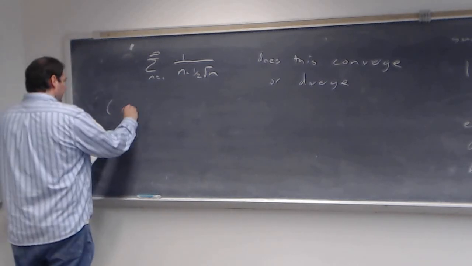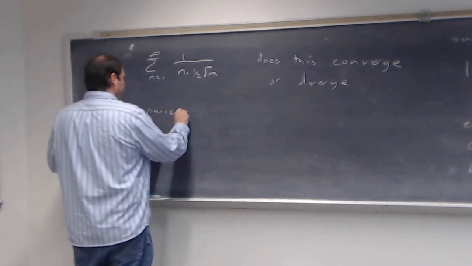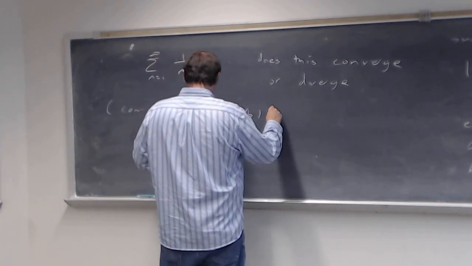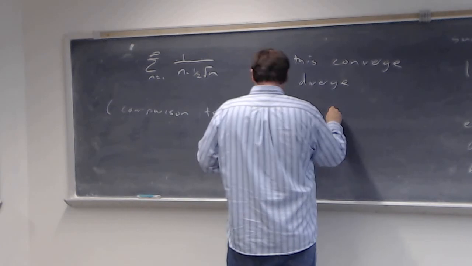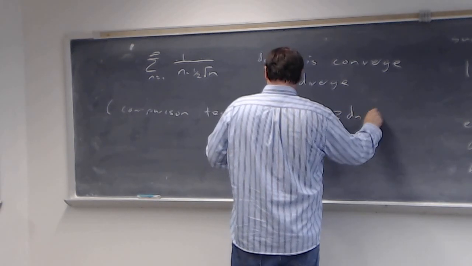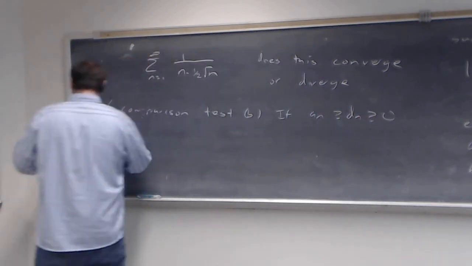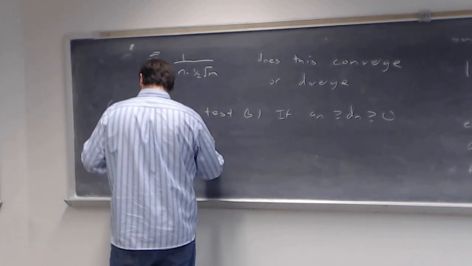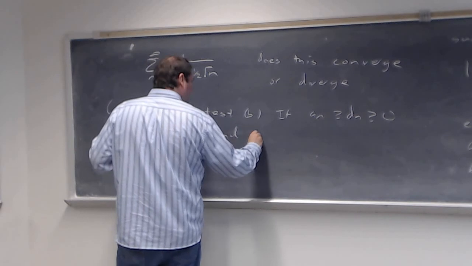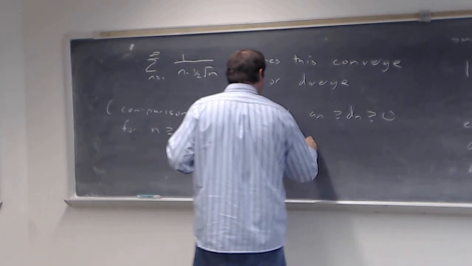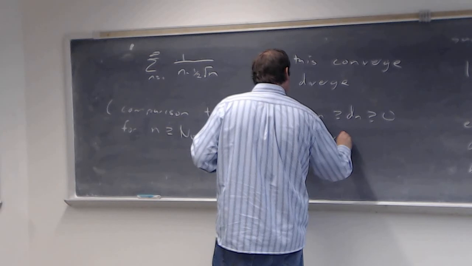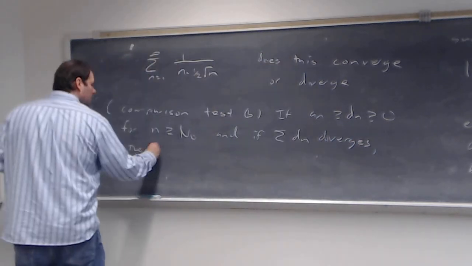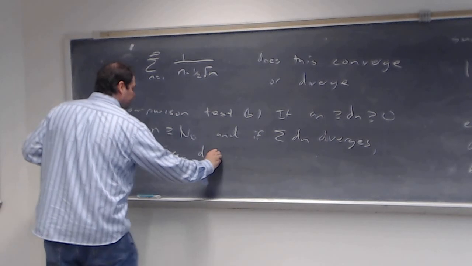Here, the comparison test, part B, says: if 0 is less than or equal to a sub n, which is less than or equal to b sub n, for n greater than or equal to n sub naught, and if the series of the b sub n's diverges, then the series of the a sub n diverges.